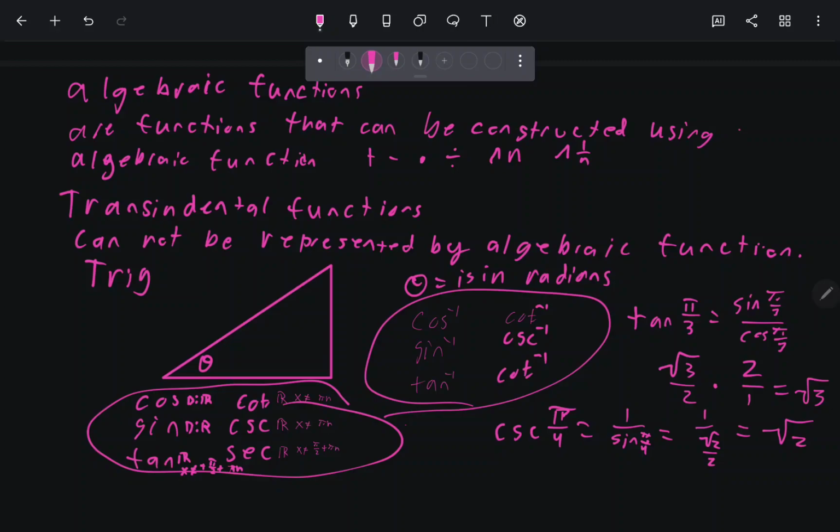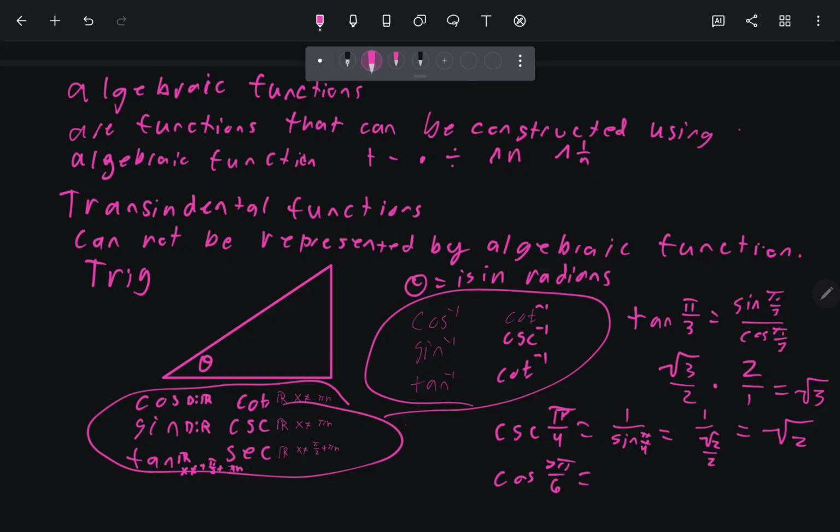And the final thing that we're going to do is we're going to look at tangent, or actually no, scratch that. Let's do a cosine of 7 pi over 6. So this is going to be a bit more challenging. But let's think about it.